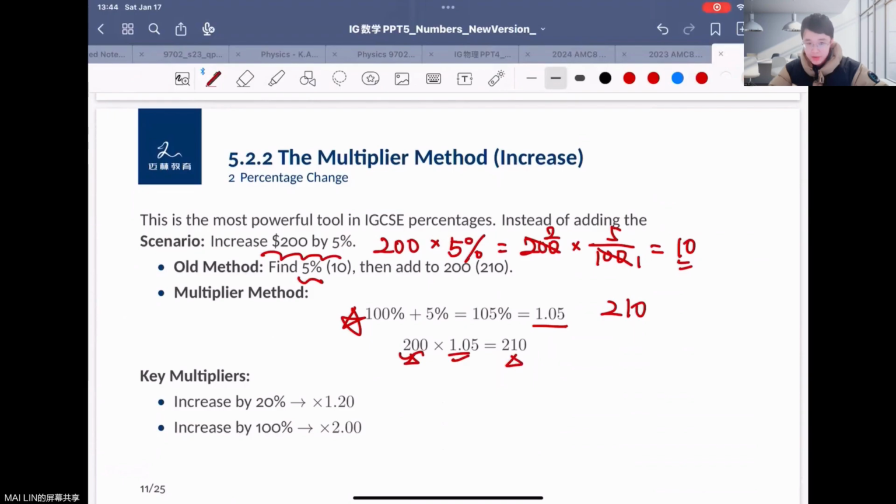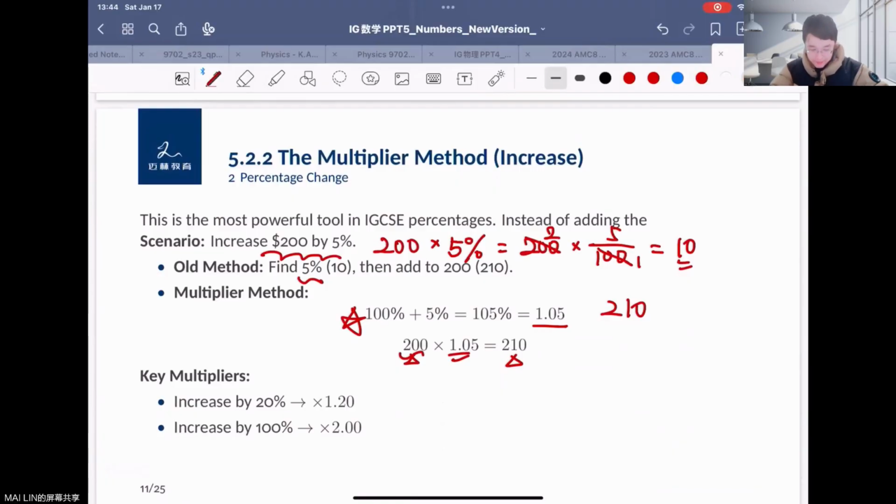The key multipliers: to increase by 20%, you times 1 plus 0.2, which is 1.2. If you want to increase by 100%, that is times 2, okay? So this is how we make the multiplier. To increase 200 by 5%, first we have 5% times 200 and then add this value, okay?